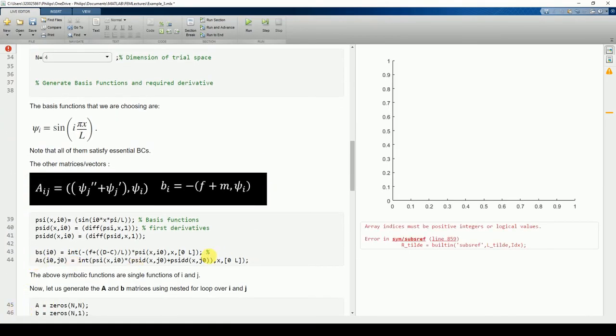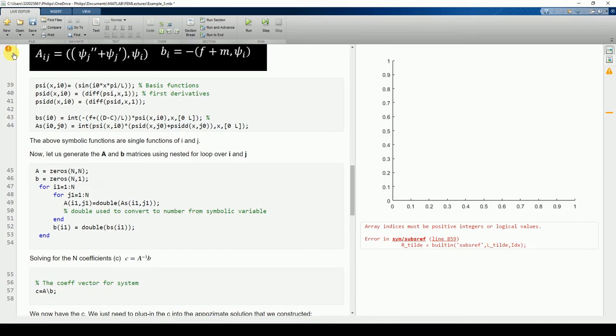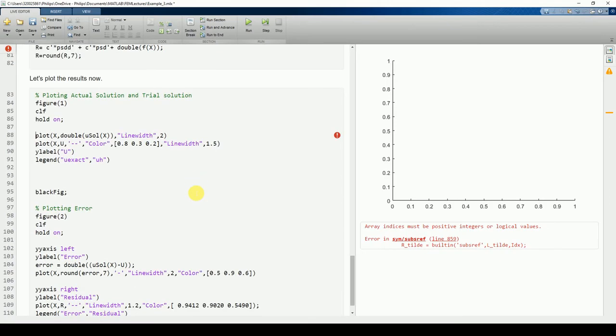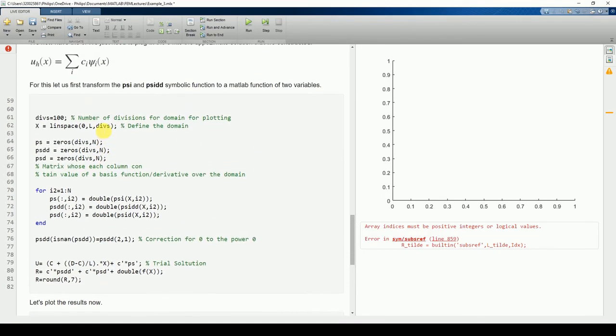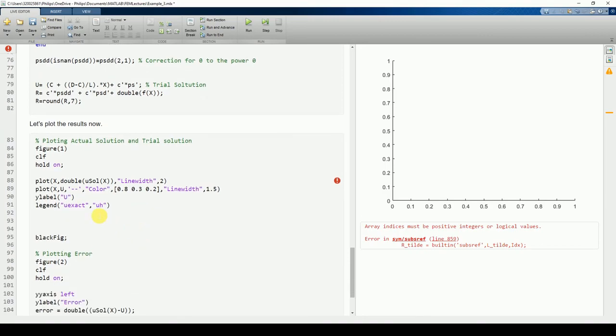Most of the time this code takes is consumed in this line. Oh, again, it should be positive integers.